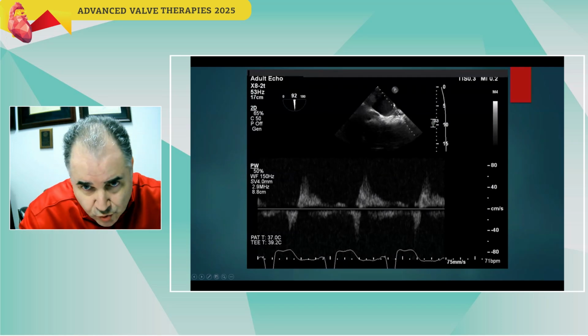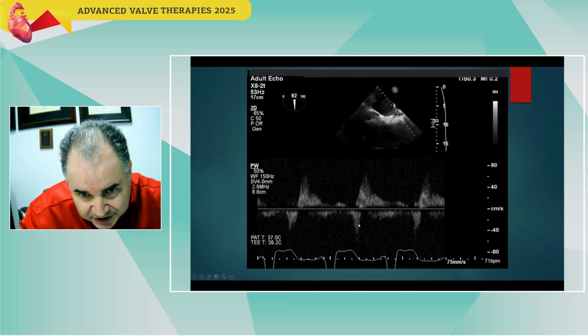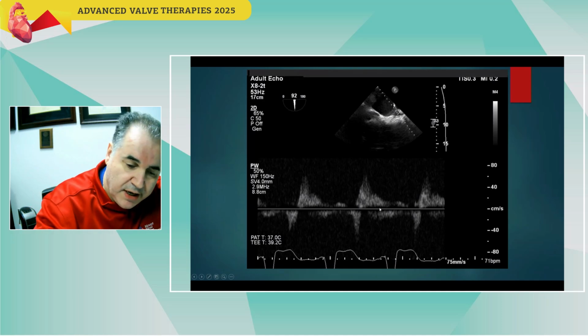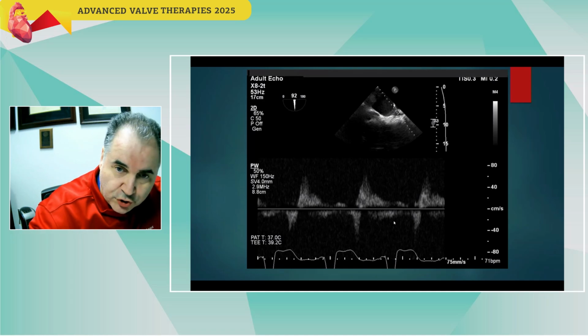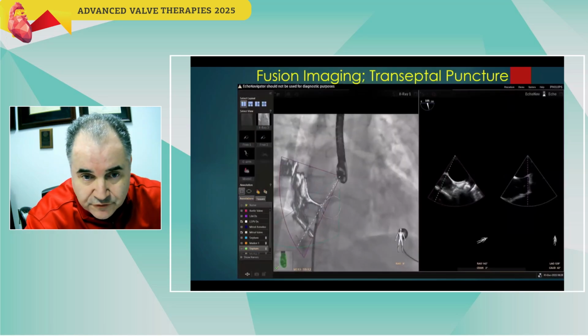From the bicaval view, you rotate the probe a little bit and you bring in the right upper pulmonary vein. And as you can see, you have systolic reversal, which signifies severe mitral regurgitation. And this is the diastolic, and this is the A wave. And you want to compare this with after the clip or after the procedure that you do to get more objective evidence that you have a successful procedure.